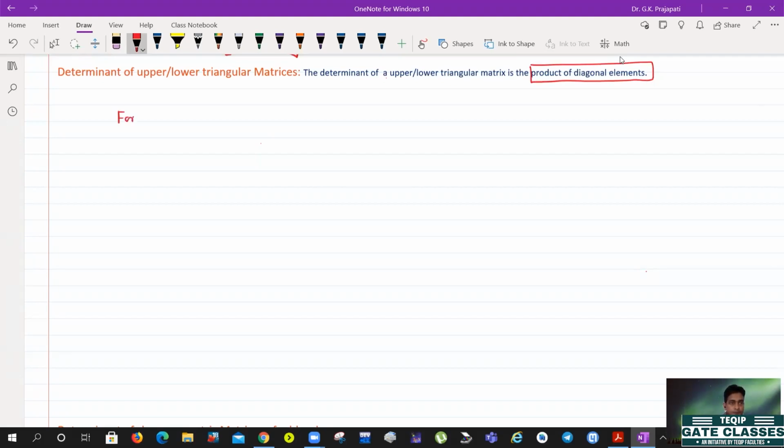For example, we can take an upper triangular matrix A whose diagonal elements are a, b, c, and upper elements may be any real or complex numbers like d, e, f, and for upper triangular matrices the elements below the diagonal must be 0.